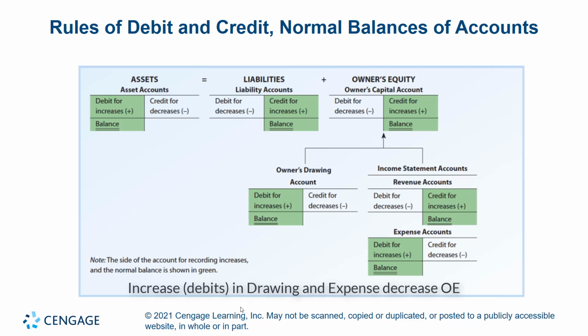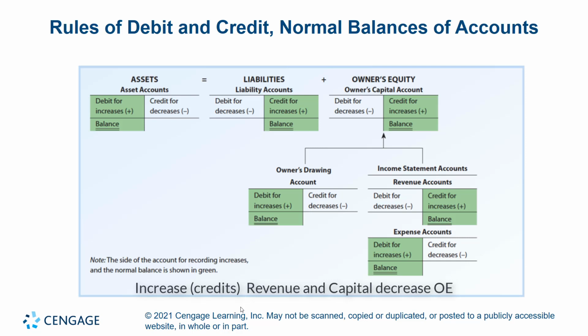And that makes sense because both drawn and expense have the same impact on owner's equity. Both decrease owner's equity. Revenue account increases owner's equity, so does capital account. It increases owner's equity.